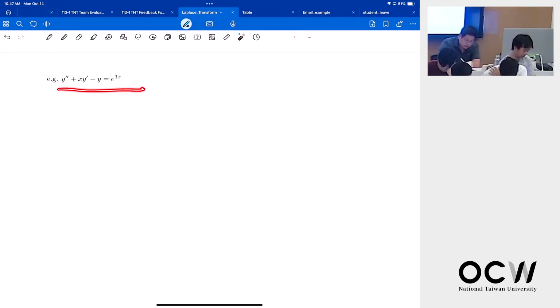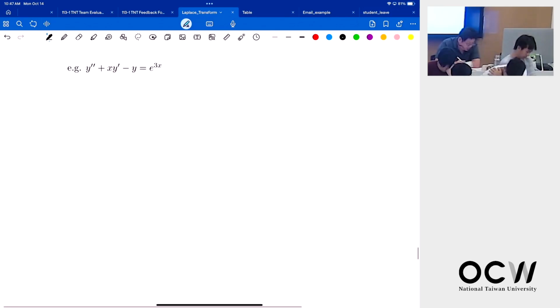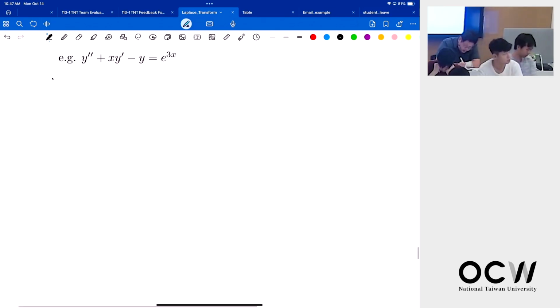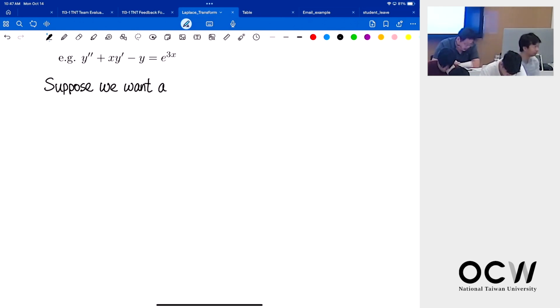So for this example, suppose I also want the power series solution about 0.